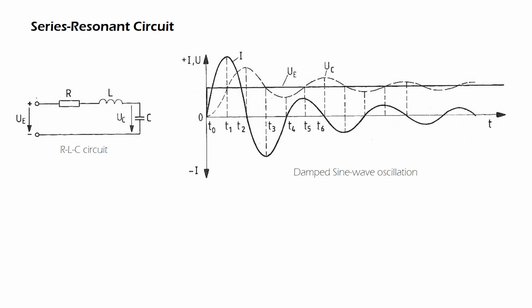The oscillation generated is damped more or less depending upon the value of R. After an infinitely long period of time, the oscillation has decayed so far that the current I is zero and the voltage on the capacitor is equal to the applied voltage UE. The frequency of the oscillation is determined by the value of the inductor L and the capacitor C.